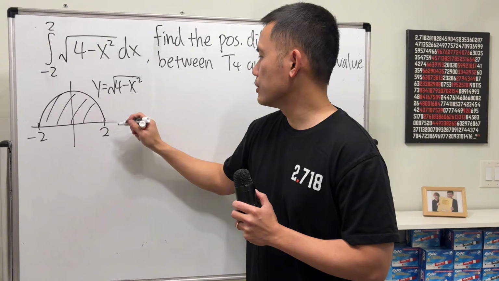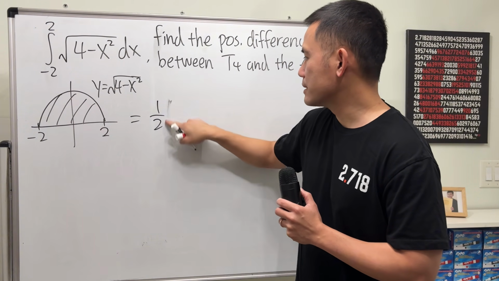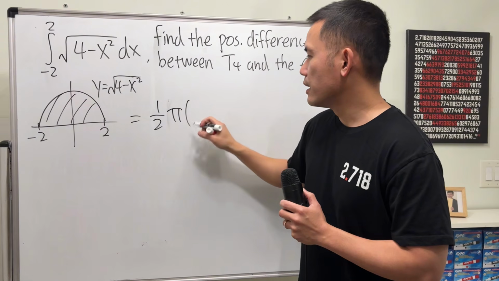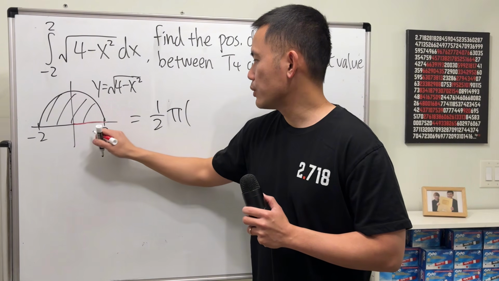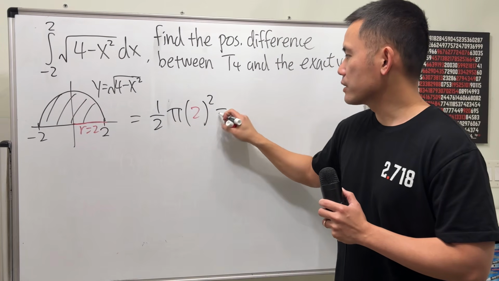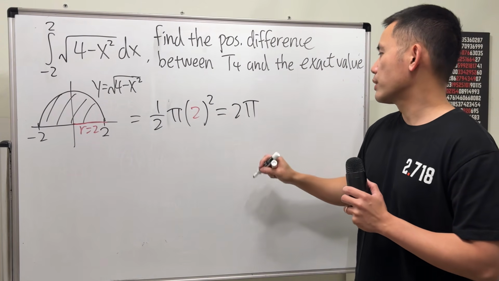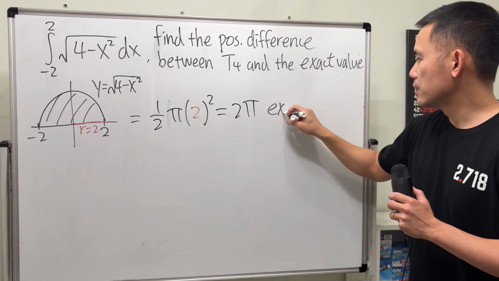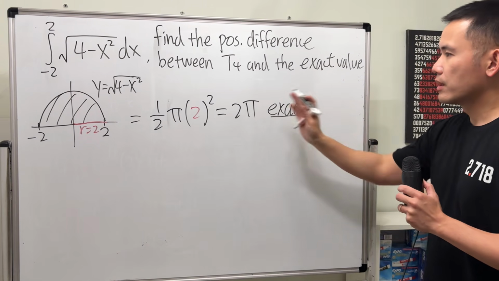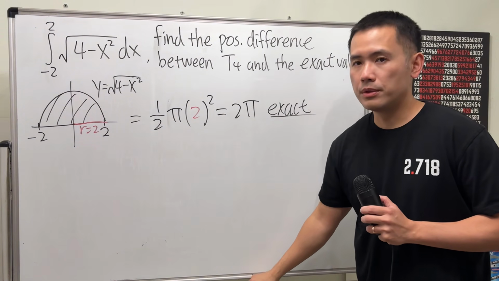And the area is just going to be half times pi times the radius squared. And the radius is just equal to 2. So work that out. That's 4 divided by 2, so it's just 2 pi. So this right here is the exact value of that integral.